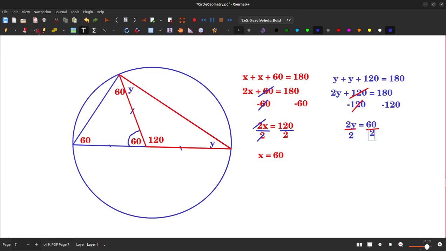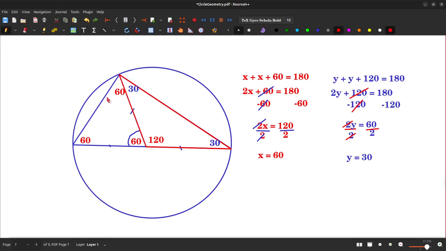What's happening? These 2 are going to be cancelled out, so that the value of y is equals to 60 divided by 2, giving me 30 degrees, which simply tells us that this is 30 degrees and this is 30 degrees. But let's check something here real quick.